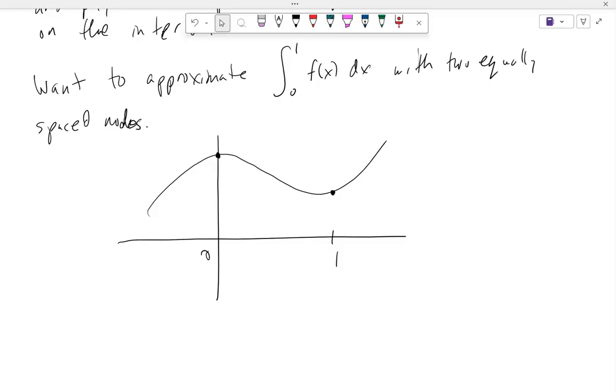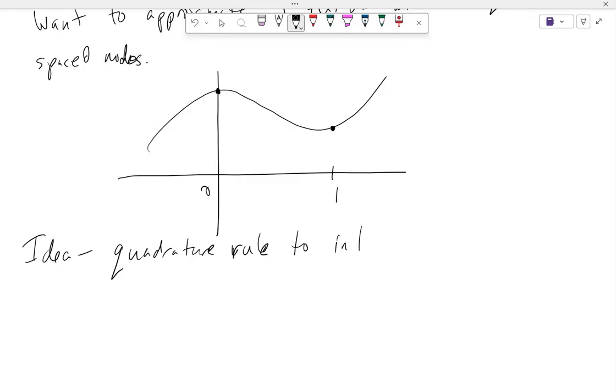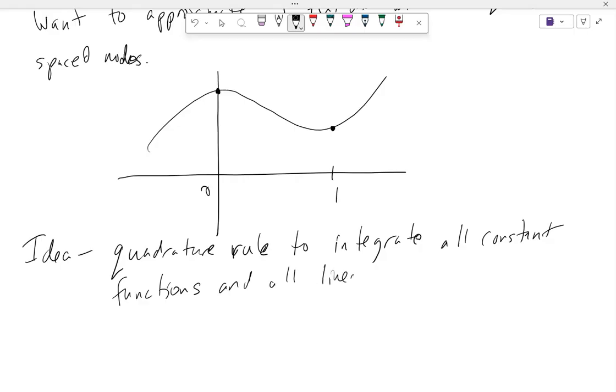Okay. All right. So the idea here is, we want our quadrature rule to integrate all constant functions and all linear functions exactly.